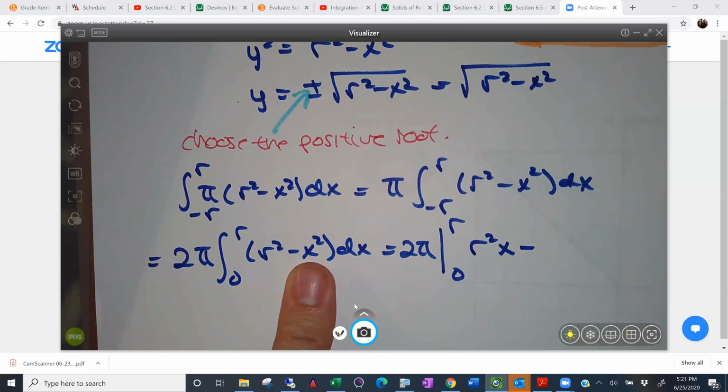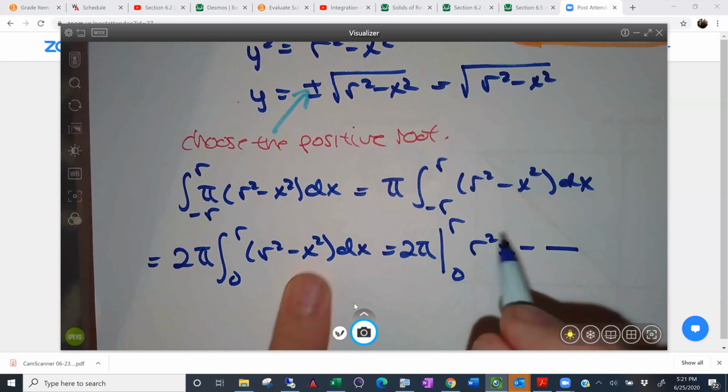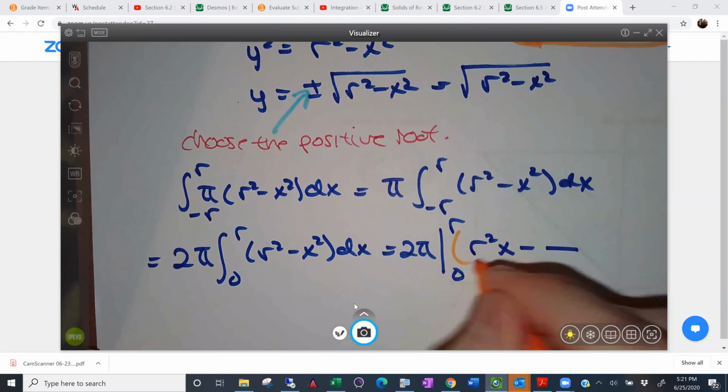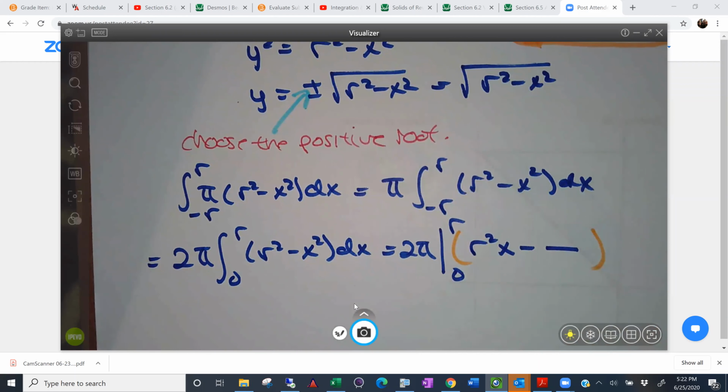Now the second one is what you're used to. What do I get for the second one when I integrate that one? Don't be afraid. Come on. You know this one. You've done this one a lot. X to the third over 3. Perfect. Nice. So you get this expression, x to the third over 3.